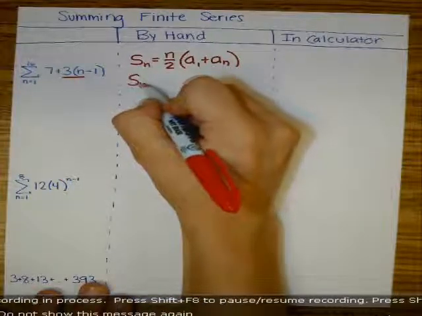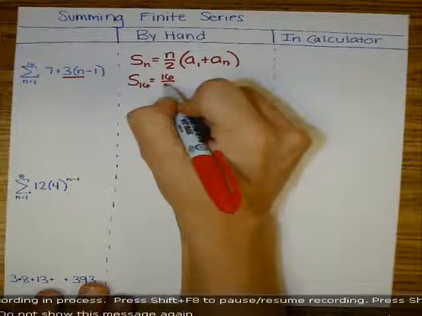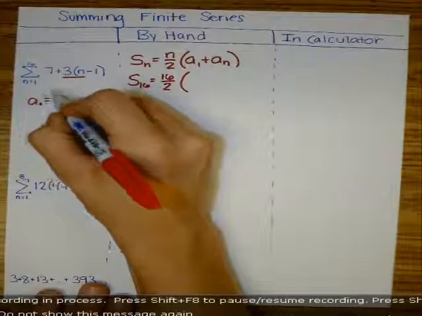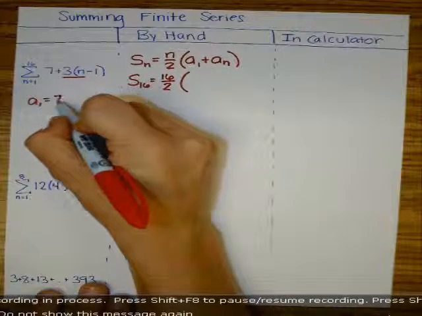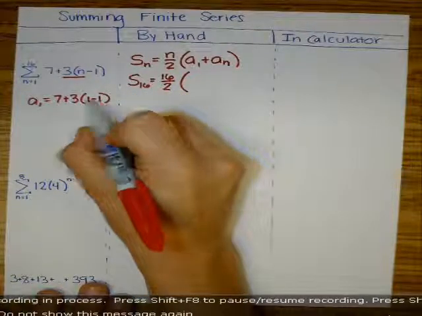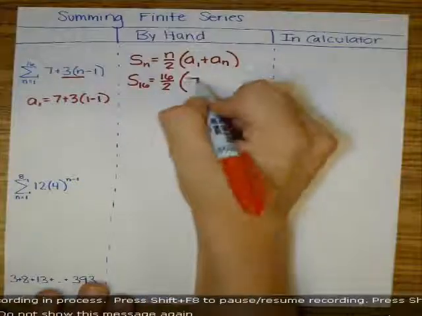So s sub 16 is 16 divided by 2. In order to find my first term, I'm just going to plug into this explicit formula, 7 plus 3, 1 minus 1. 1 minus 1 is 0, times 3 is 0, 7 plus 0 is 7.